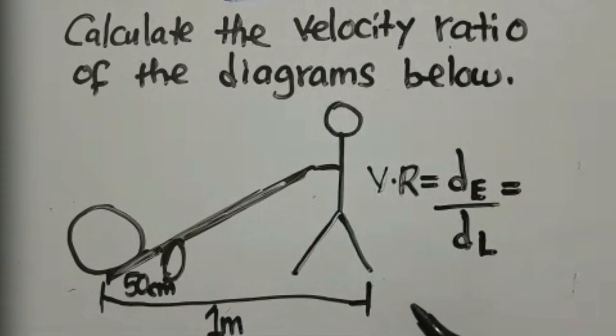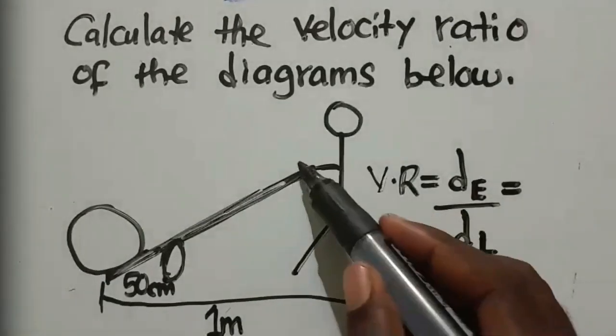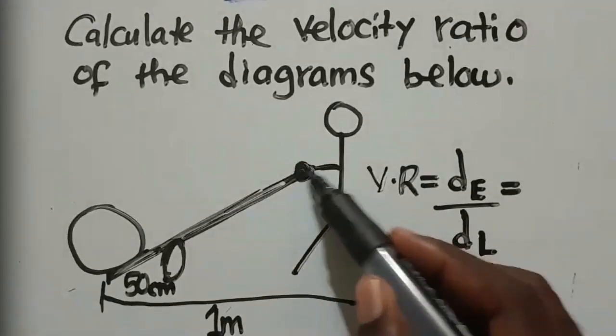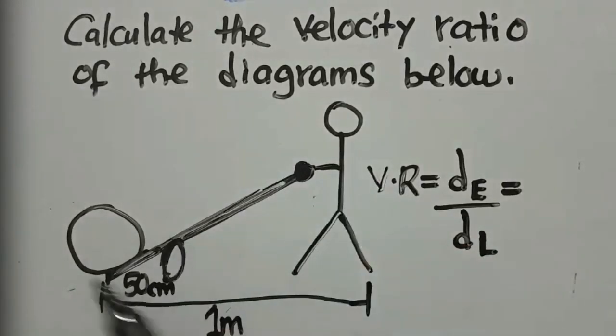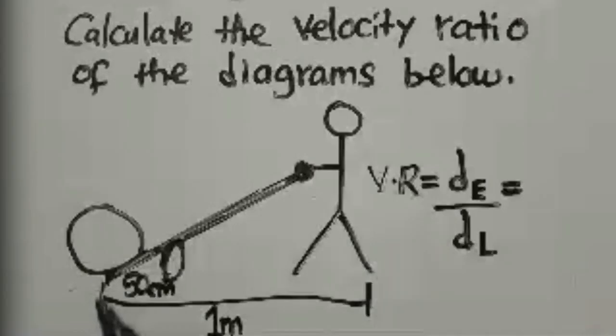Where is the effort? The person is here. This is where the effort is being applied to overcome this load. From where the person is standing to where the load is, this distance is the effort distance.